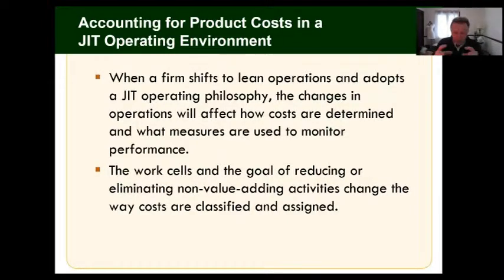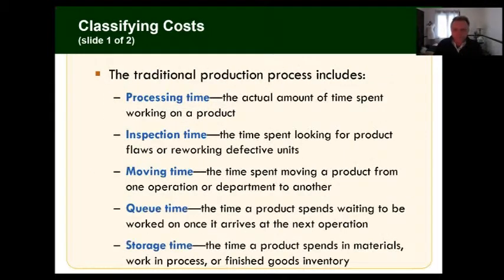The work cells, where the work actually gets done, become the center of everything you focus on from a cost perspective, because that's where you focus all the attention in a lean environment. And you're focused on reducing what are called non-value added activities. Again, think supply chain, think value chain. Wherever there's no value, you want to get rid of it.